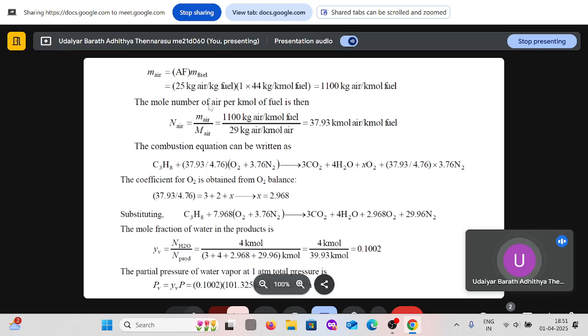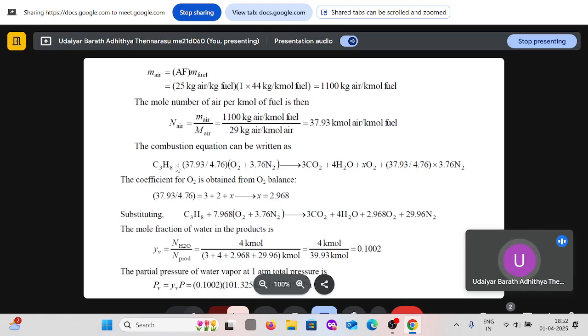The moles of air per kilomole of fuel is the mass of air divided by the molar mass of air, so 1100 divided by 29 gives 37.93 kilomole of air, which is the air used for combustion.